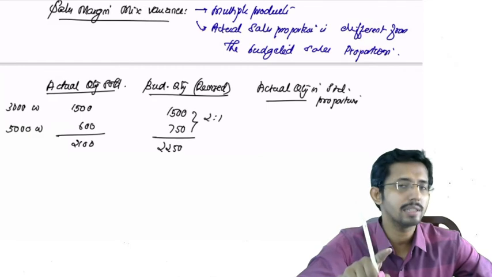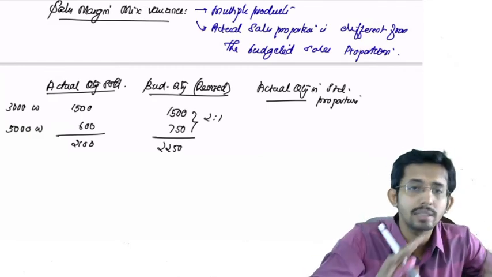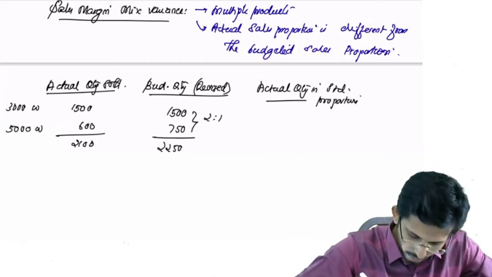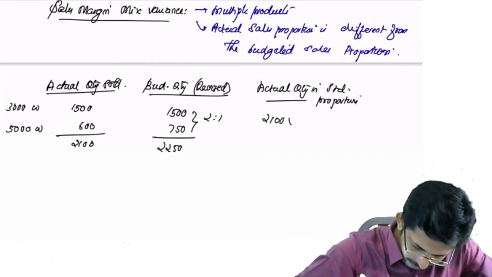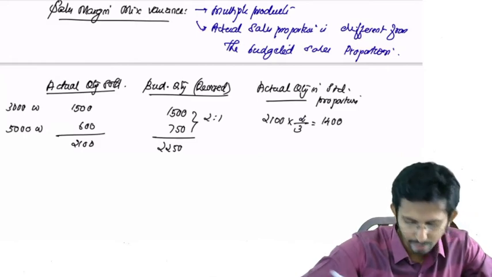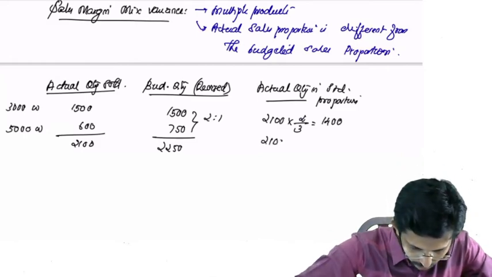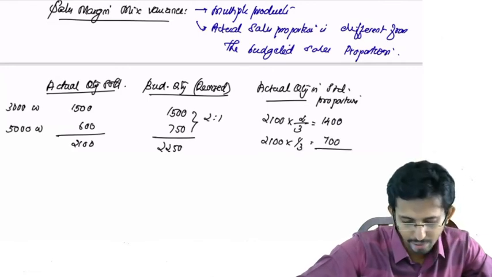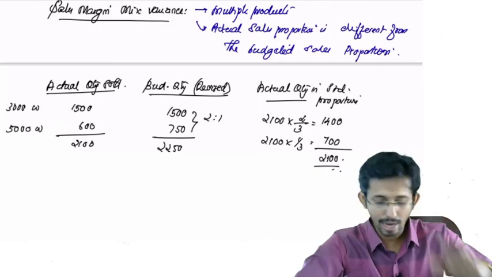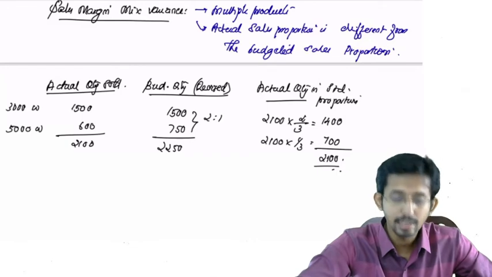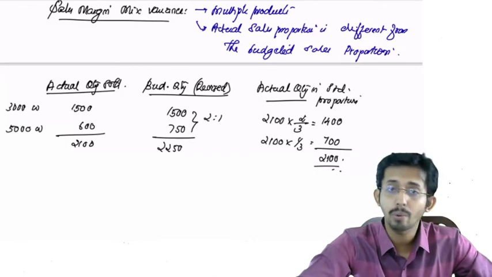Once you revise the budget, that revised budget is your standard. So here it will be 2100 into 2 by 3, that is 1400, and 2100 into 1 by 3, that will become 700. Total will be 2100.